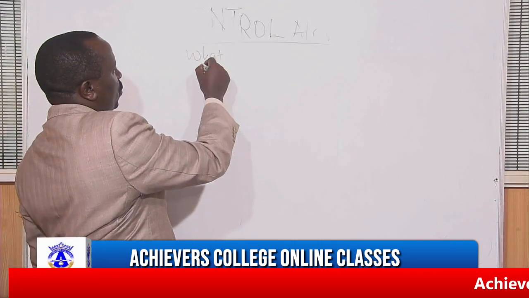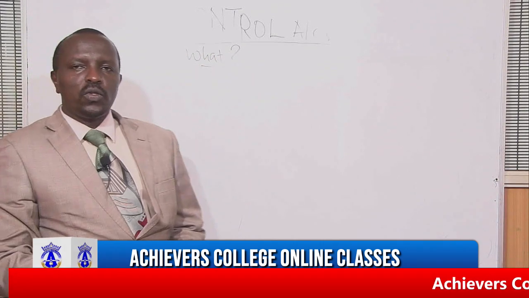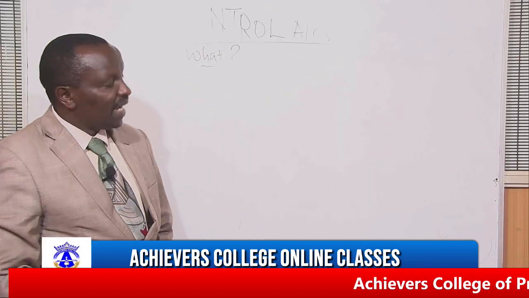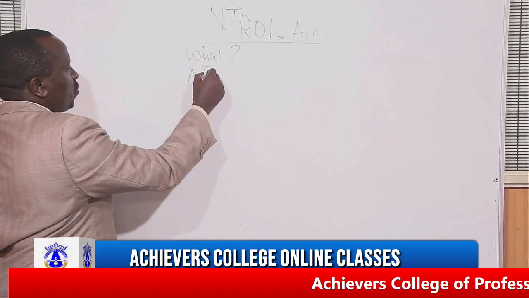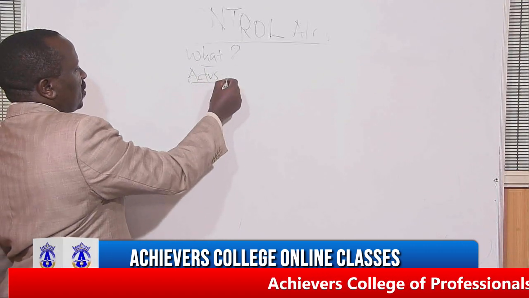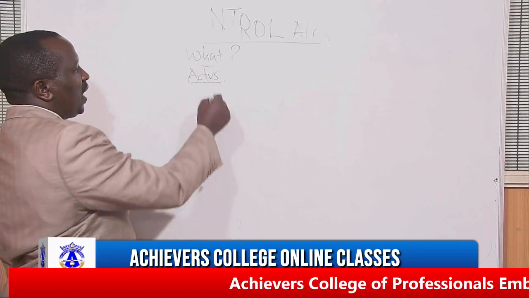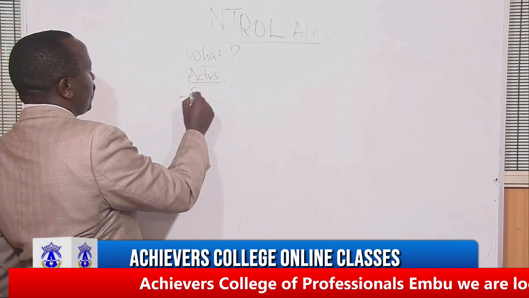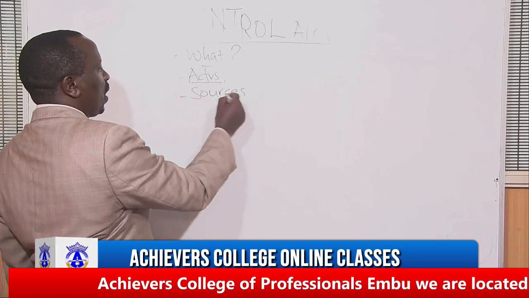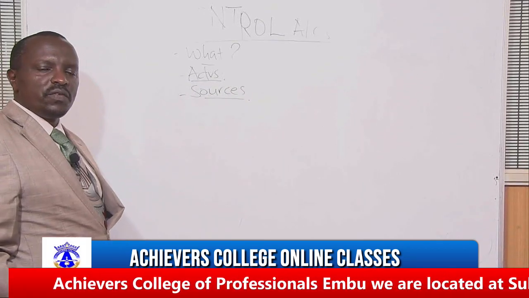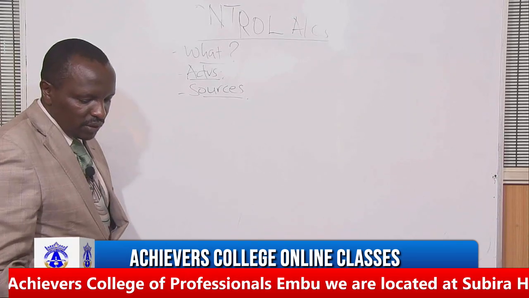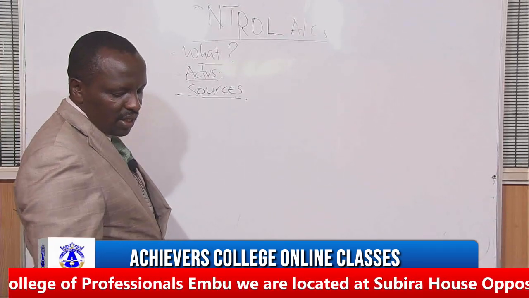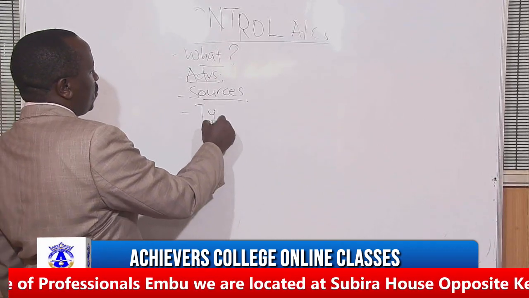We need to know what a control account is all about, and we also need to understand the advantages of drawing control accounts, the sources of information for drawing control accounts, and the types of control accounts.